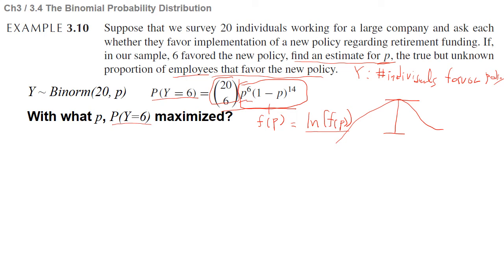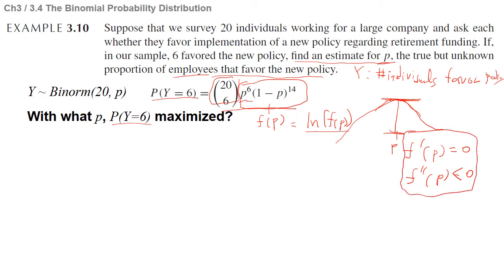As you already learned from the calculus class or calculus in statistics class, if you want to find the maximum value, you set the derivative with respect to p equal to 0, and if the second derivative is less than 0, then at this p you have a local maximum.